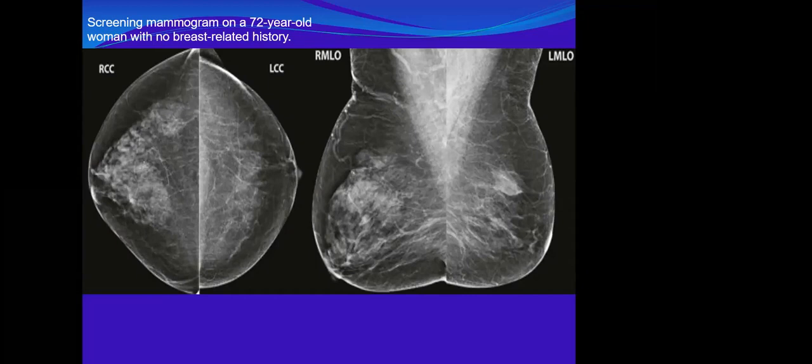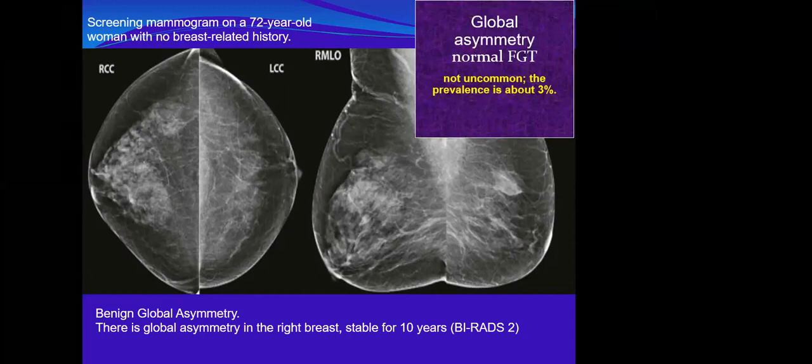Global on which side? The right breast. Excellent. Right global asymmetry, not associated with suspicious features, so it represents normal fibroglandular parenchyma. Okay, and it was stable for 10 years. So after that, it will be BI-RADS 2.